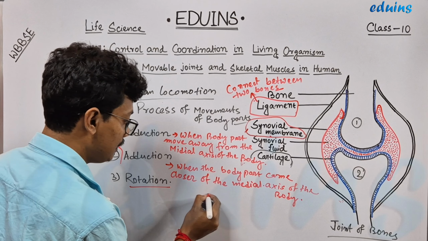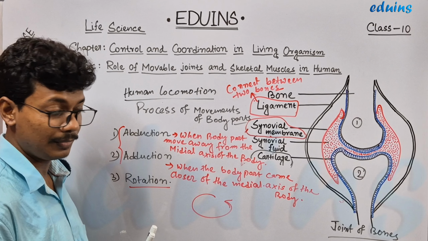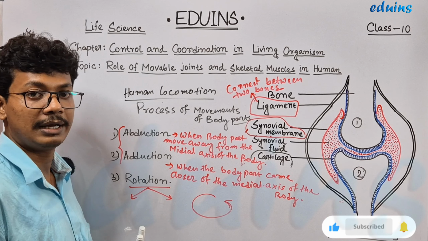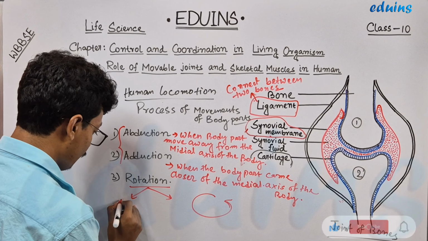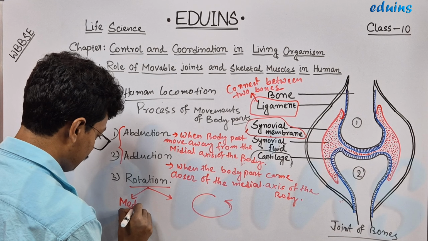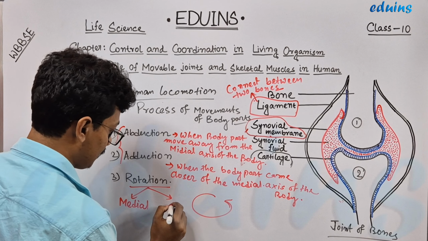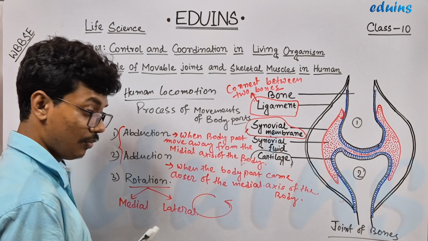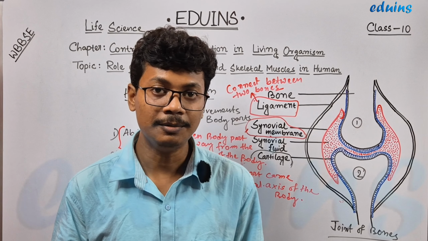Rotation we know, that is rotating something, but this rotation is further divided into two categories. How? One is medial and another is lateral. What is medial and what is lateral?